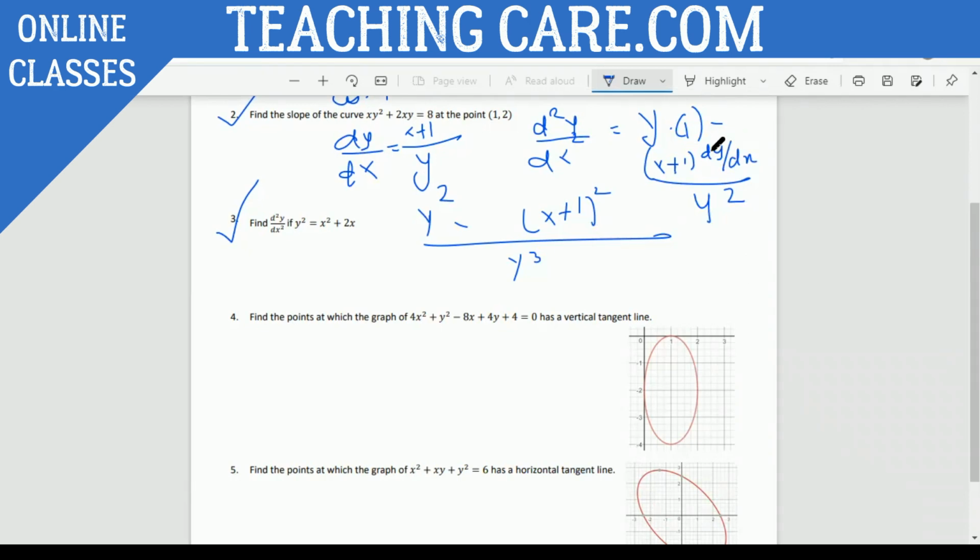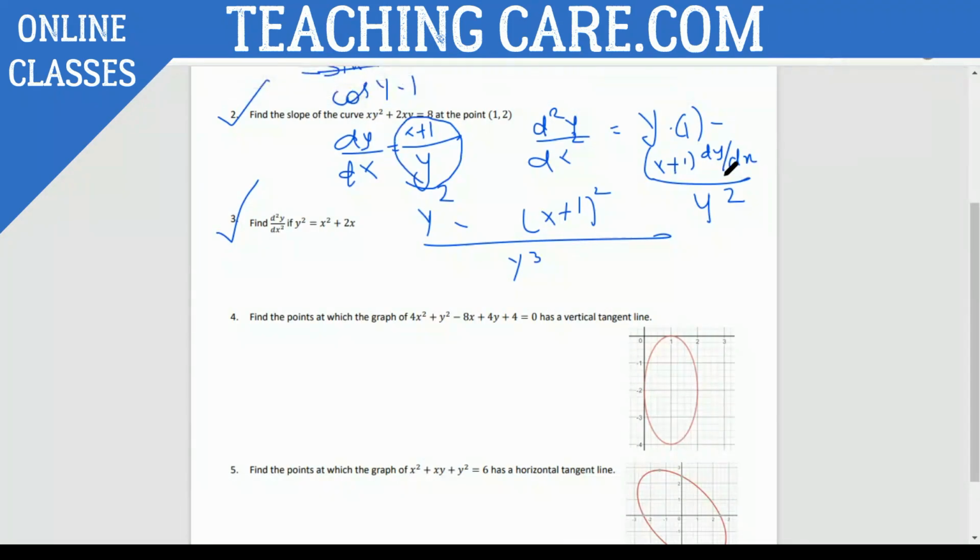And so now you cannot keep this dy/dx here. So you have to replace it with (x plus 1) over y, because I want the answer in terms of that. Okay, just substitute and get the answer. I understand.